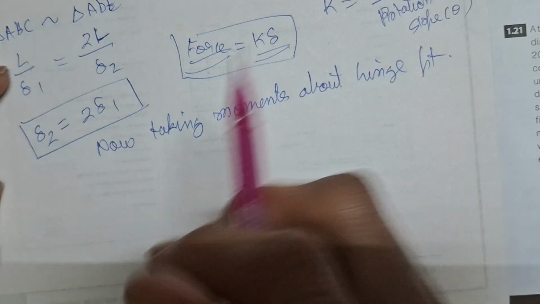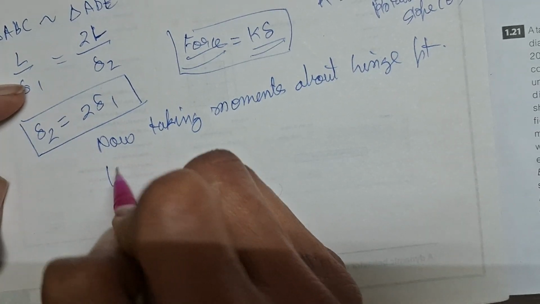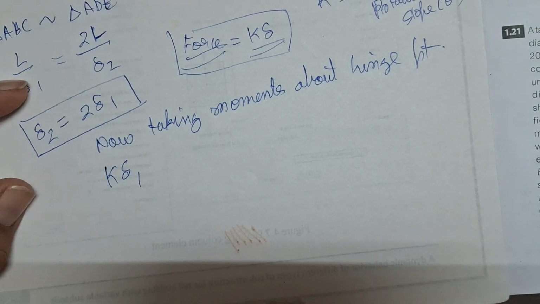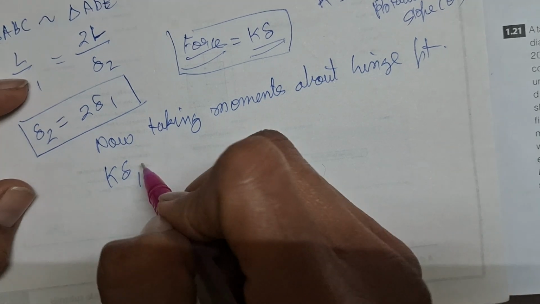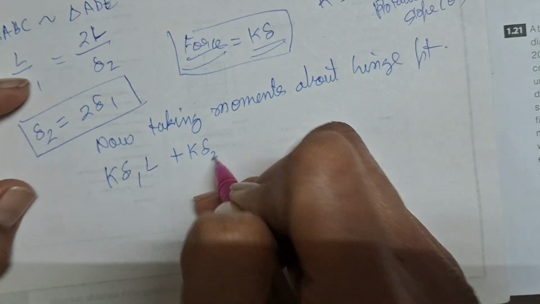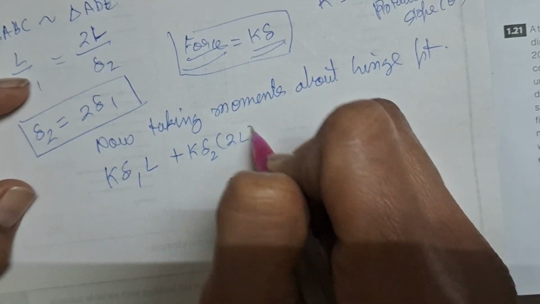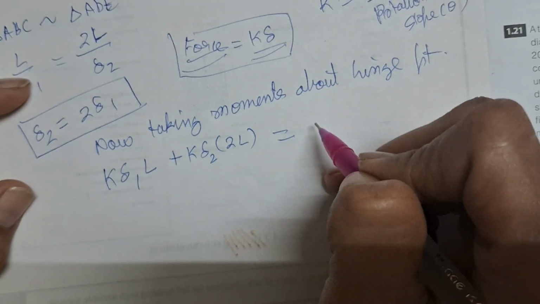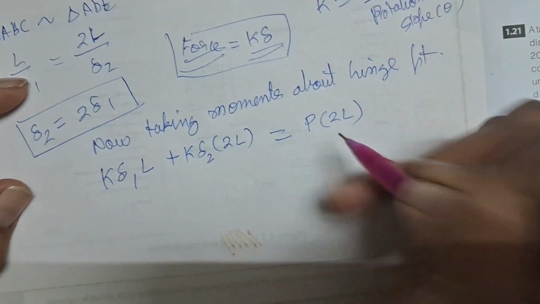So what can I write? I can write K delta 1 going in clockwise direction into L plus K delta 2 into 2L is equal to P into 2L.